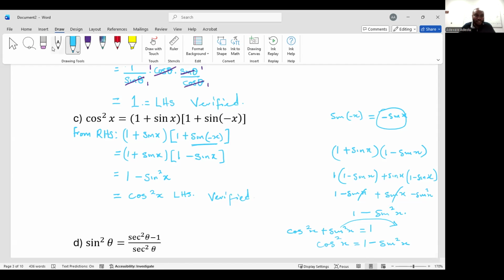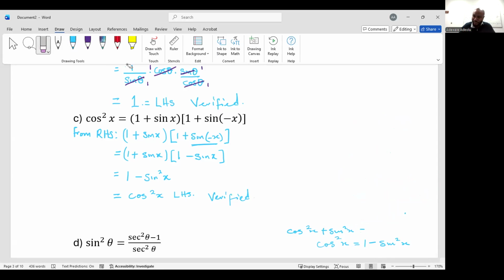So let us quickly, let me write the steps I had here so that it can make much sense to you. In this case, how did I move from here to here? I use the idea that sine is an odd function, which means sine of negative x is minus sine of x.